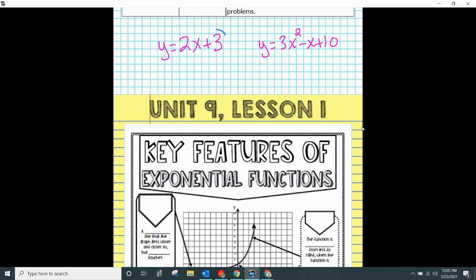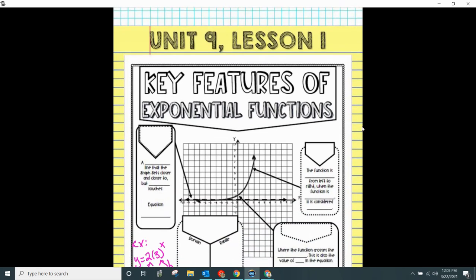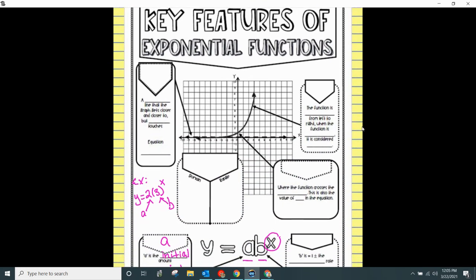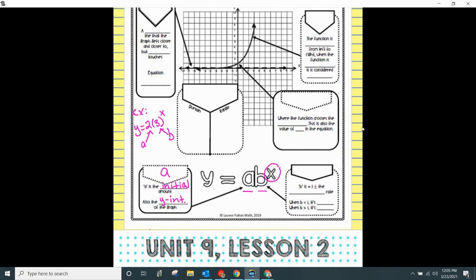If it's a linear, a line, your y-intercept's the number by itself. If it was a quadratic, your y-intercept was the number tacked on the end. Okay, awesome. So we're making some comparisons here. For this example, our y-intercept would be 2. That's where it's going to cross the y-axis at 2.